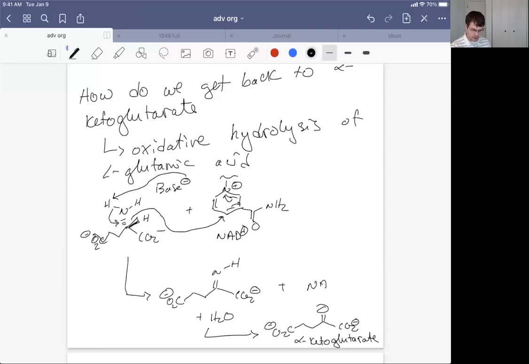And we form some NADH as a result of removing the hydrogen from the alpha position. Okay, so now we're back to alpha ketoglutarate and we can continue the cycle onward.